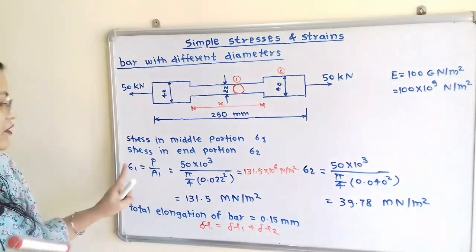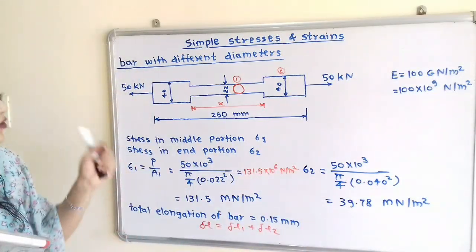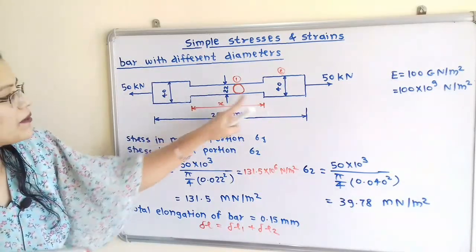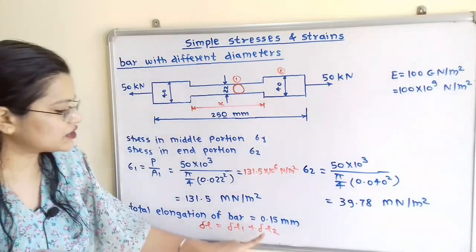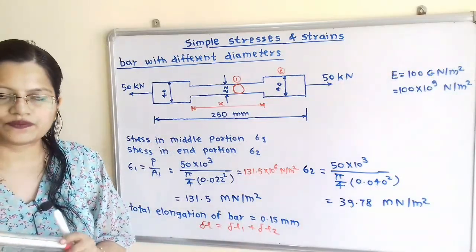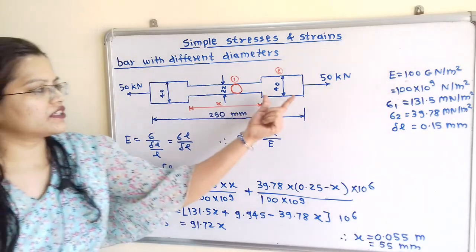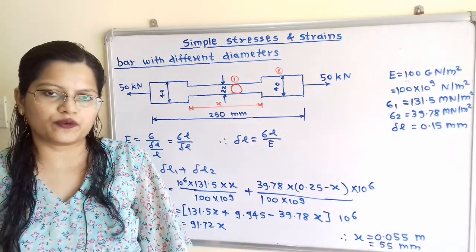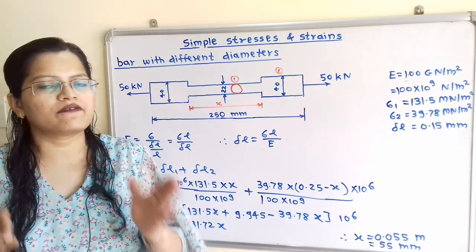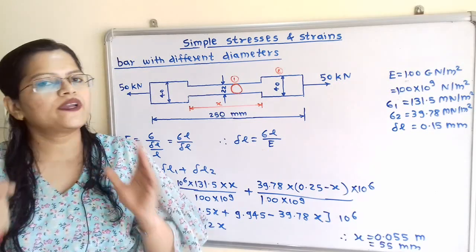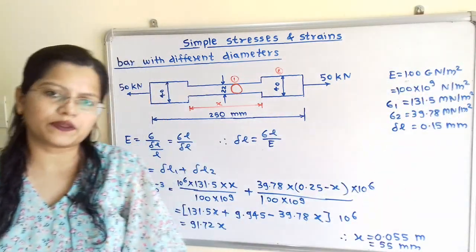These two values, sigma 1 and sigma 2, are important to calculate the elongation delta L1 in the middle portion and delta L2 in the end portion. To find delta L1 and delta L2, we are given Young's modulus E equal to 100 giganewton per meter square.